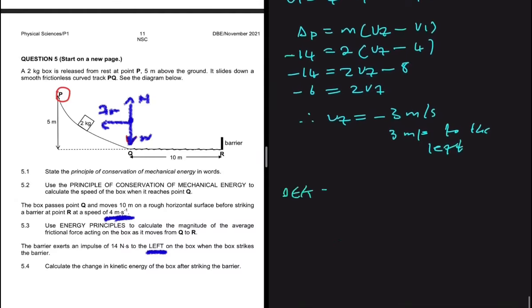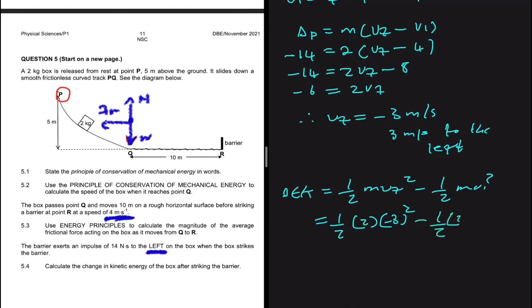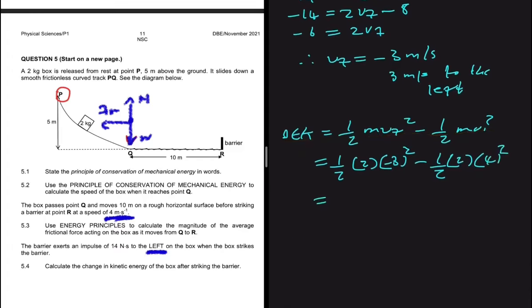We know fully well that it is going to be equals to a half mvf squared minus a half mvi squared. So we're going to have a half, the mass is 2 kgs, vf is minus 3, right, squared, minus a half, the mass is 2 kgs, and vi is 4 meters per second. And then now it's just a matter of putting that in the calculator. Minus 7 joules, right? Minus 7 joules.